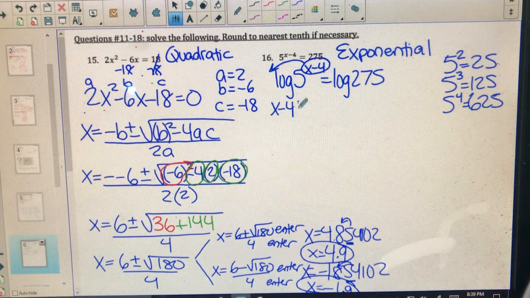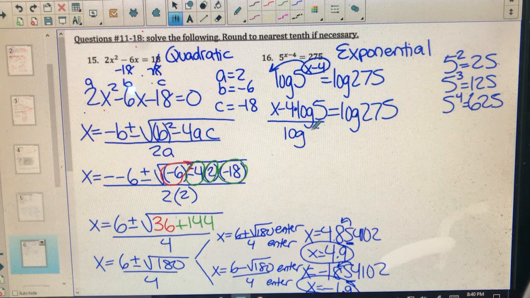So x minus 4 comes in front of the log of 5. That's equal to the log of 275. But just like all the other log problems that we did, I have to get rid of this log of 5 so that I can get the x by itself. They're being multiplied, so I divide by the log of 5. Divide by the log of 5. Except x minus 4 comes down, so I'm not completely done.